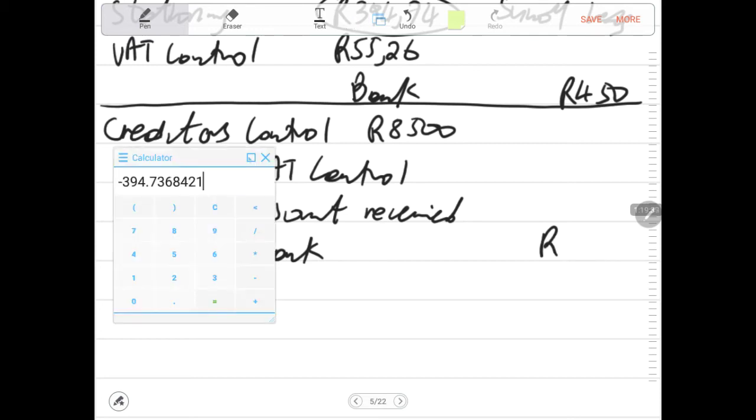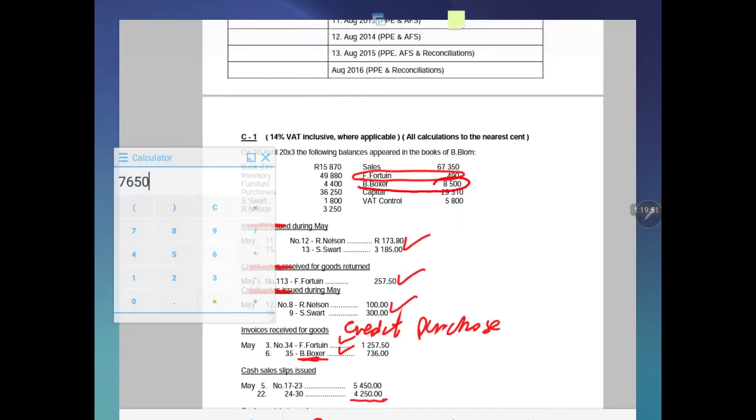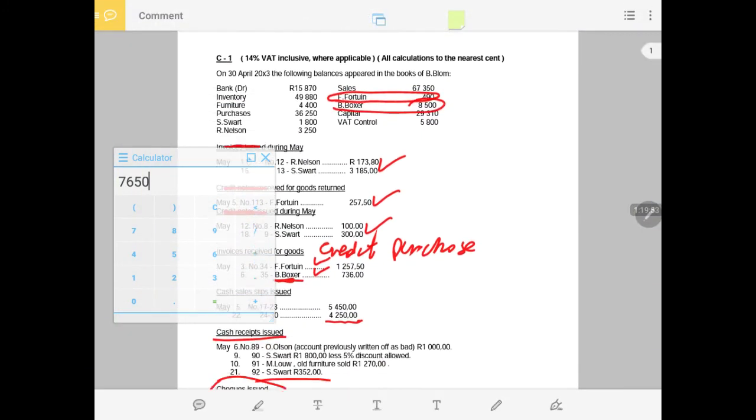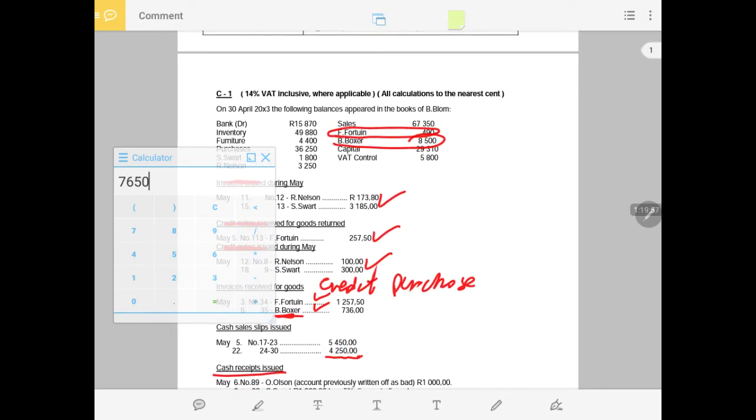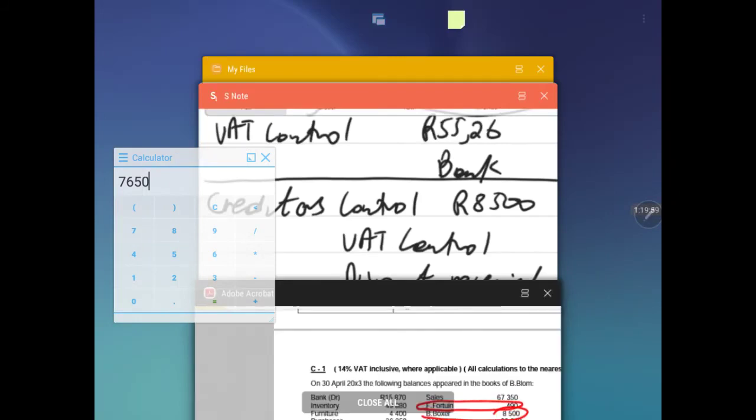What do we do first? We say 8,500, multiply this by 90%. Then we say 7,650. Let me check if 8.5 was the correct amount. Yeah, 8.5.